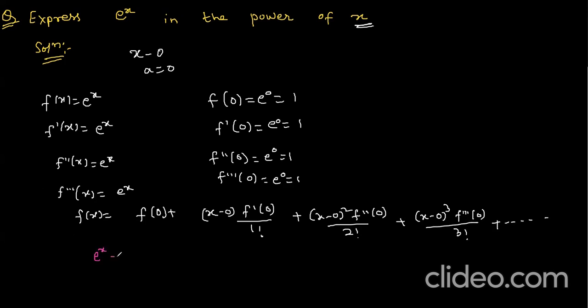If f(x) is e^x, what is the value of f(0)? 1. x minus 0 is x, f dash 0 is 1, x minus 0 whole square is x square, f double dash 0 is 1, x minus 0 cube is x cube, f triple dash 0 is 1, right?